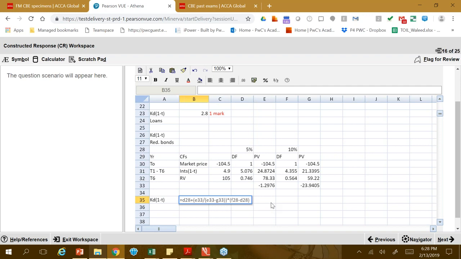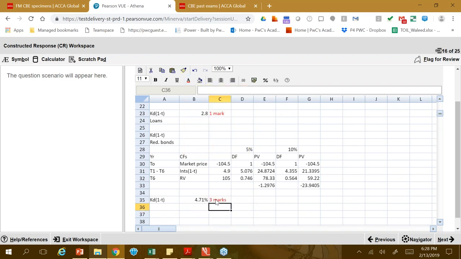So this is the IRR formula. Once I input all the functions in, I'll get the KD1 minus the T here, which comes out to be 4.71% or 5% rounded. And this will give me 3 marks for working this out.